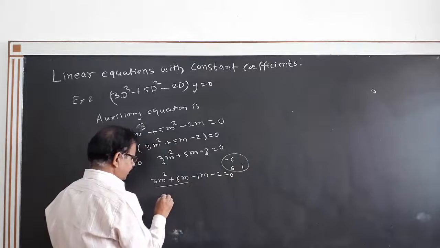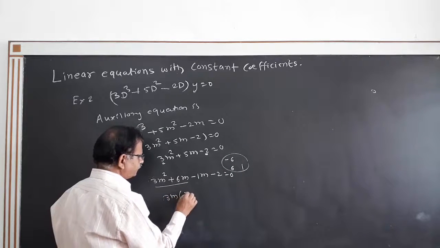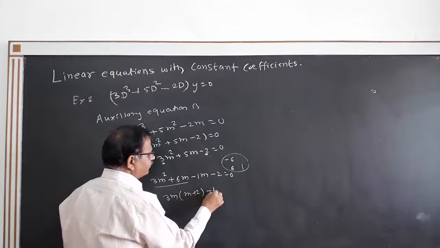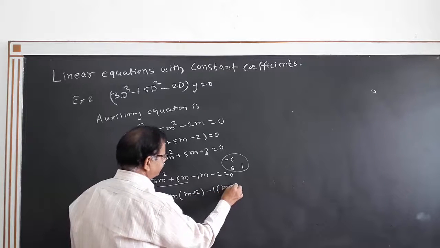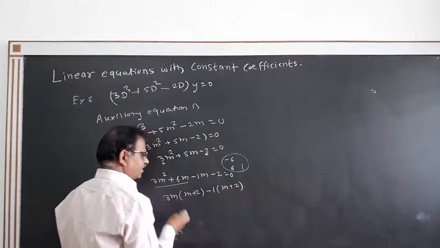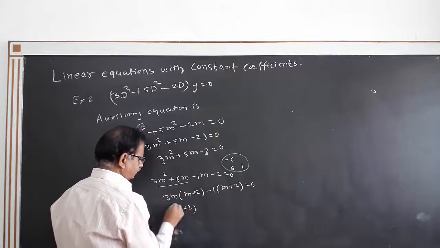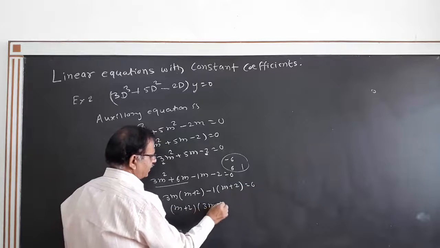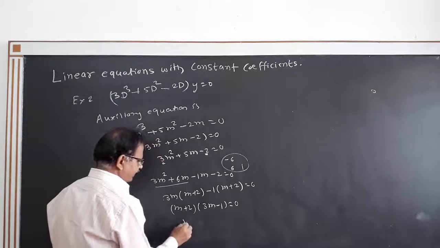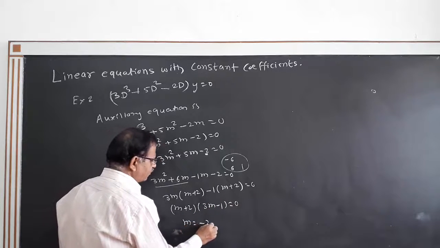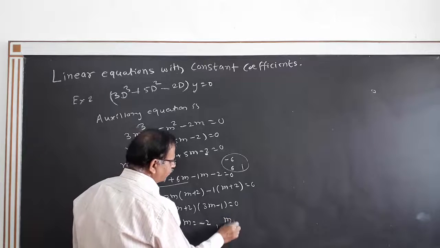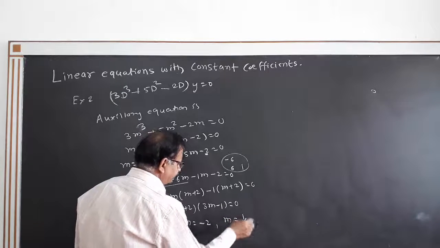From this we can take 3m common, and from this we can take minus 1 common, and therefore m plus 2 into 3m minus 1 equal to 0, and therefore m equal to minus 2 and m equal to 1 by 3.